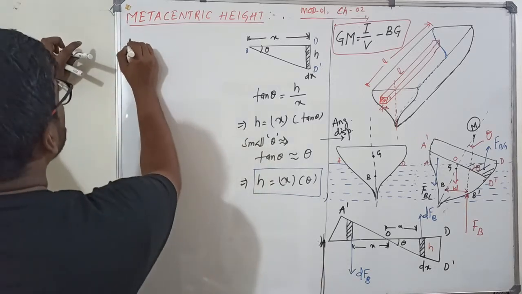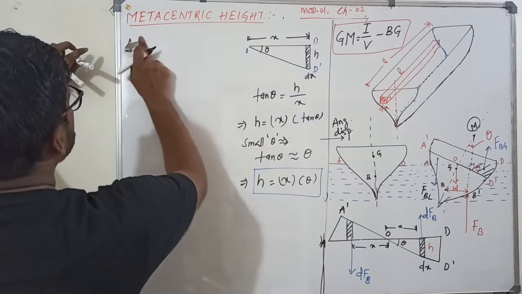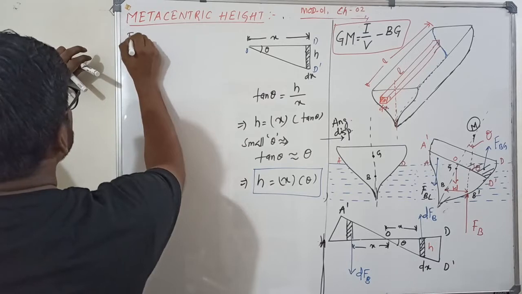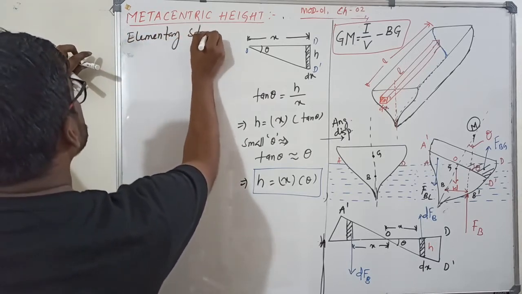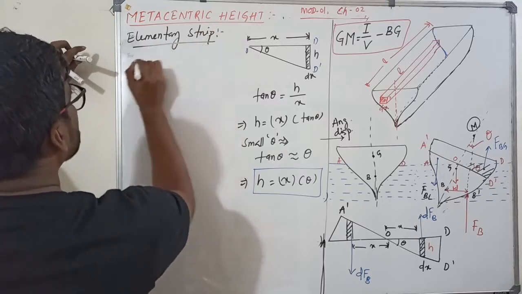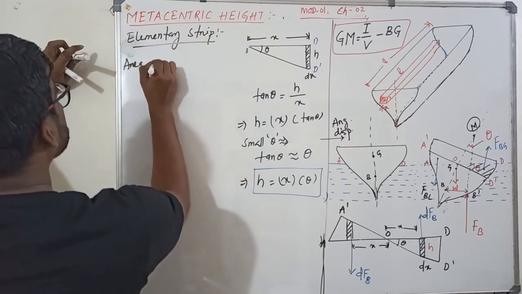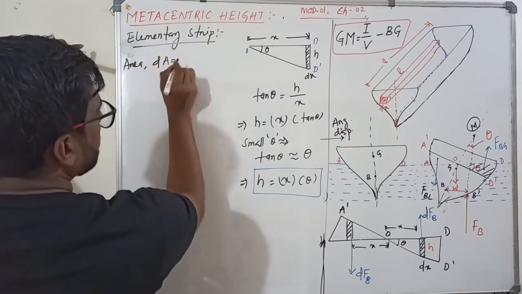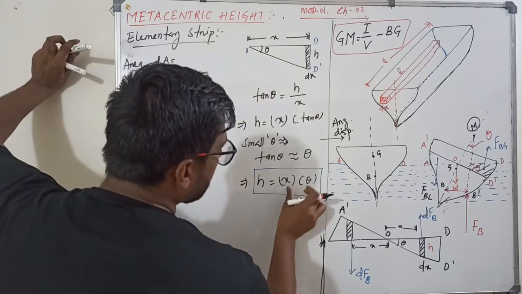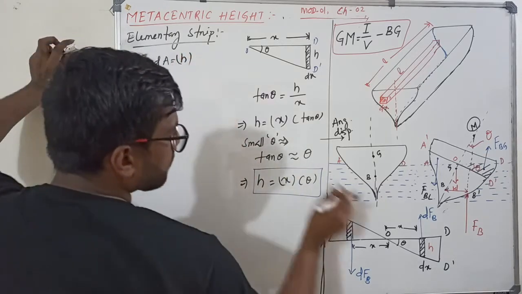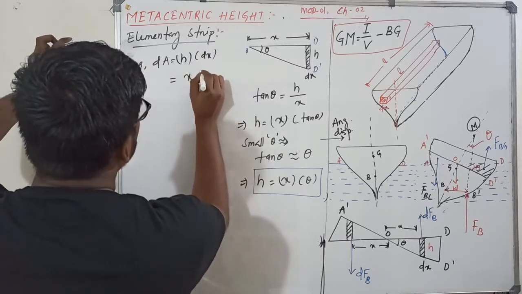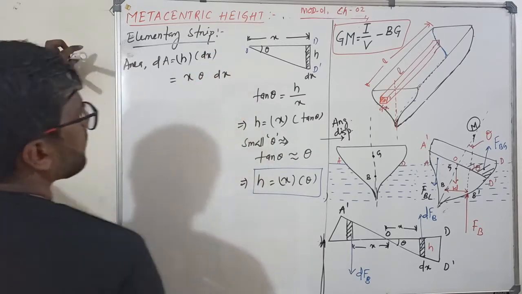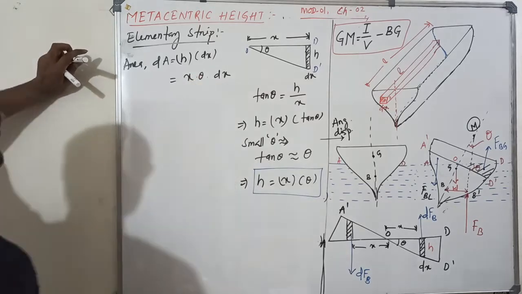So what will be my area? Elementary strip, I am writing the heading. What is the area of the elementary strip? The area of the elementary strip is h multiplied by dx. What is h? We already got x into theta. So x into theta into dx.